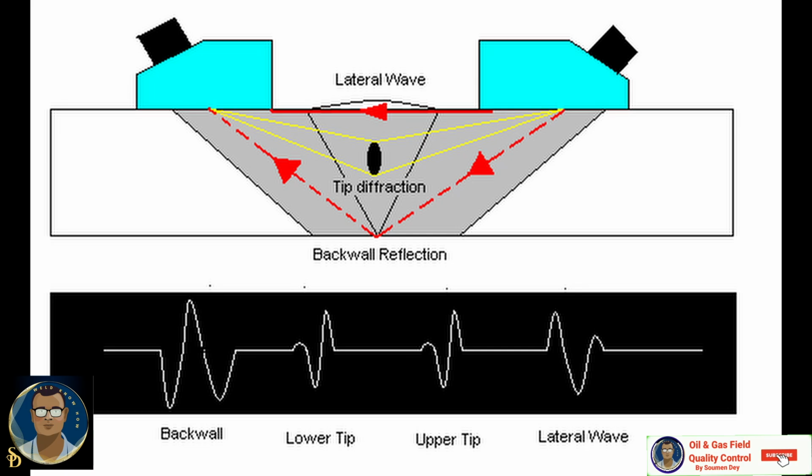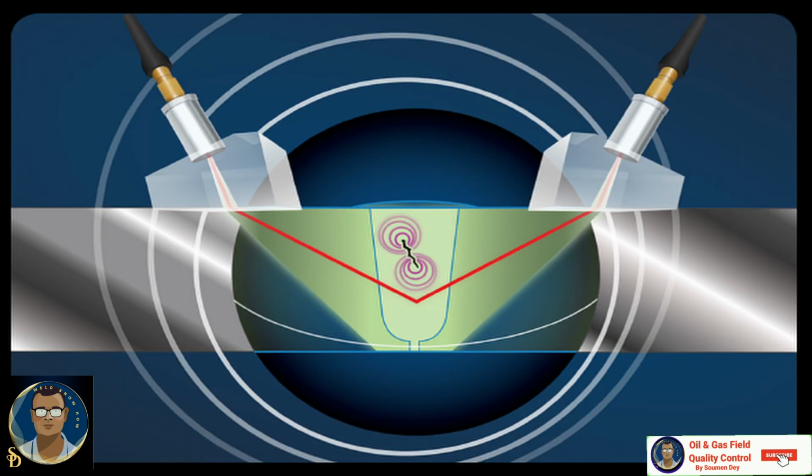Time of flight diffraction, or TOFD. It is a specialized UT technique focused on accurate defect sizing. How it works: it uses two probes, a transmitter and a receiver, placed on opposite sides of the weld. It measures the time it takes diffracted waves from defect tips to reach the receiver.